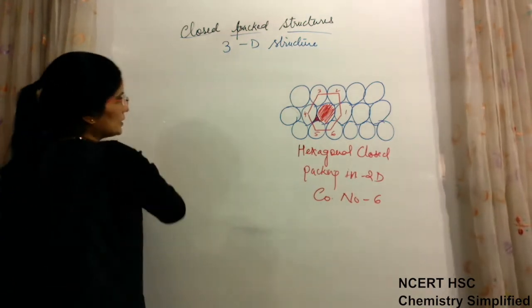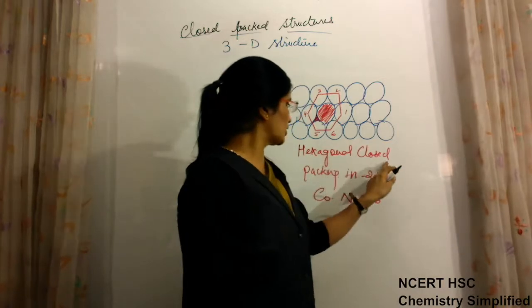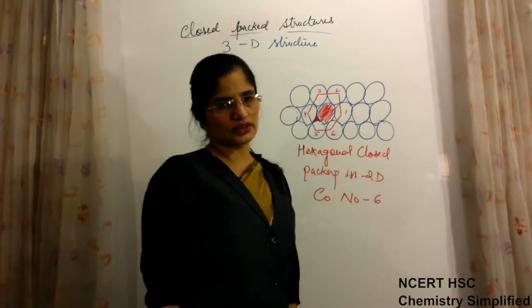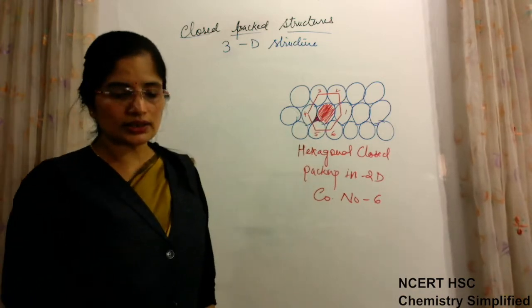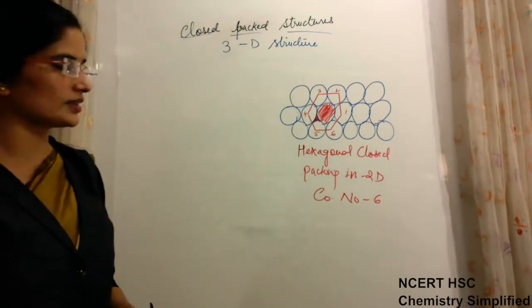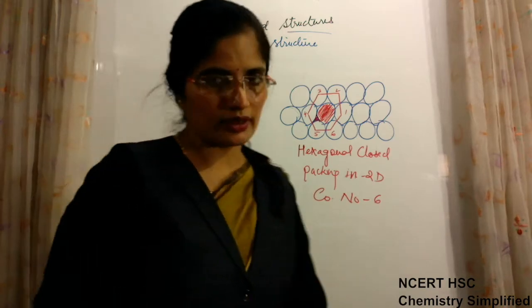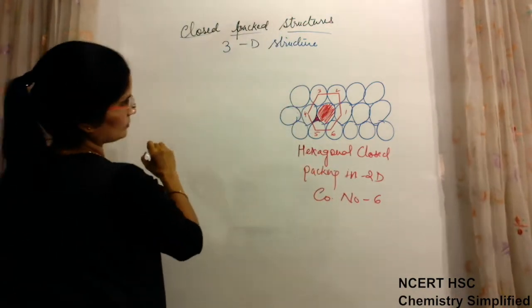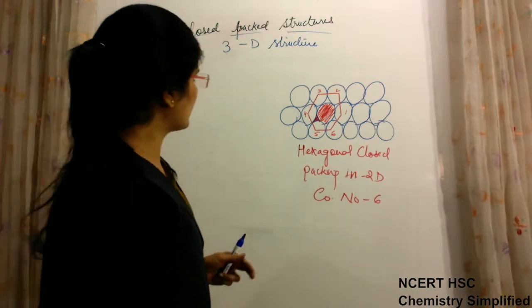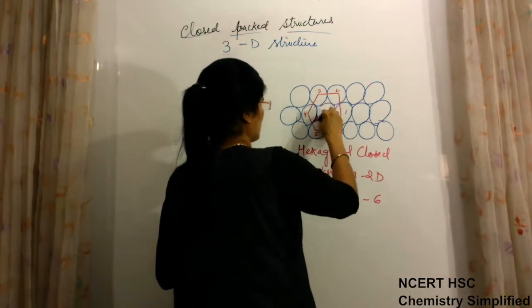Now, 3D structure from hexagonal close packed 2D structure. From this type of structure, now we have to come to the third layer or 3D structure. So let us make the layer first. Let me try rubbing this only and we can proceed.